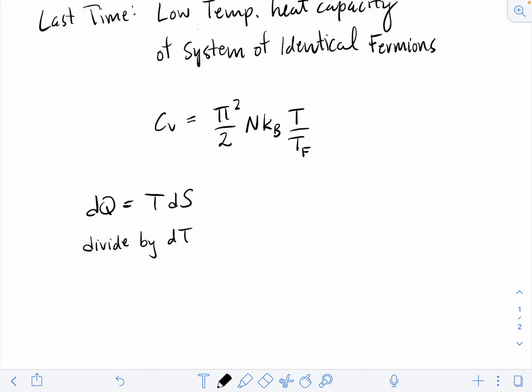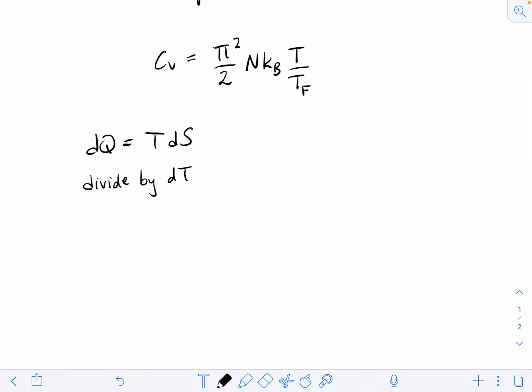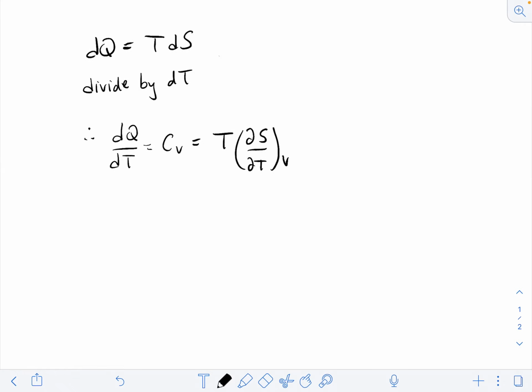a small temperature interval such that dq/dT, which we can identify as the heat capacity, and let's imagine we're doing this at constant volume, is going to be equal to T times dS/dT at constant volume. So let's rearrange and see if we can write down an expression for entropy.